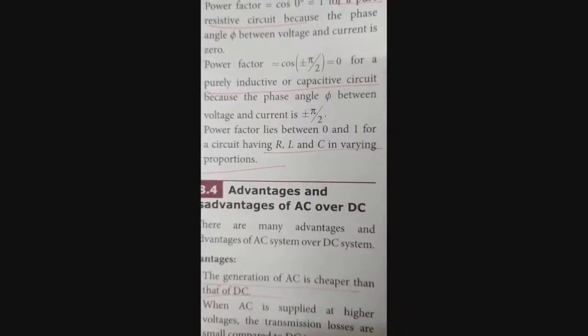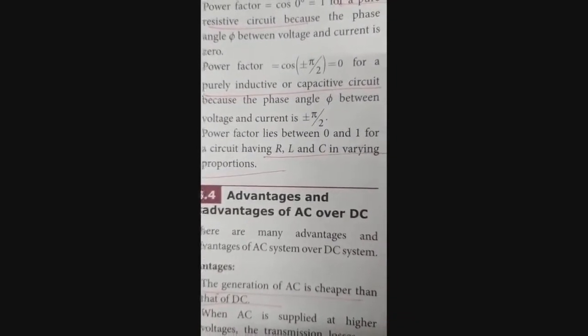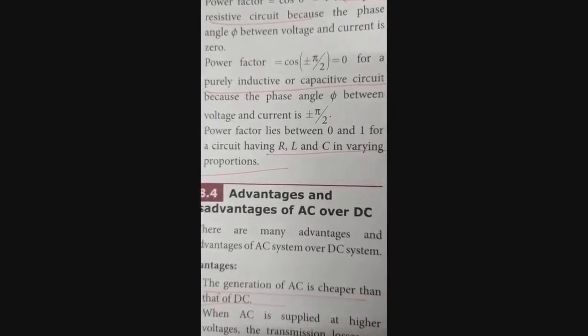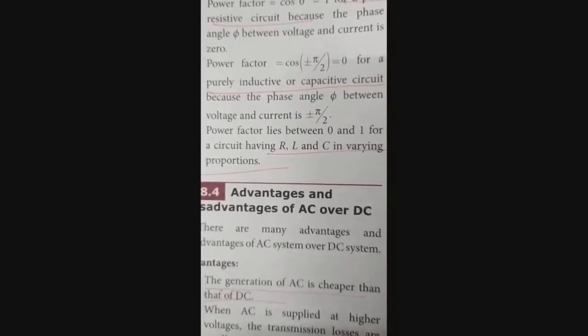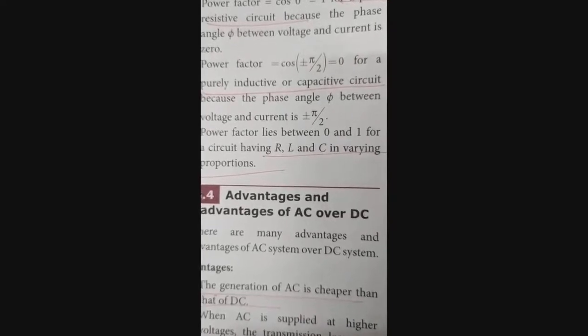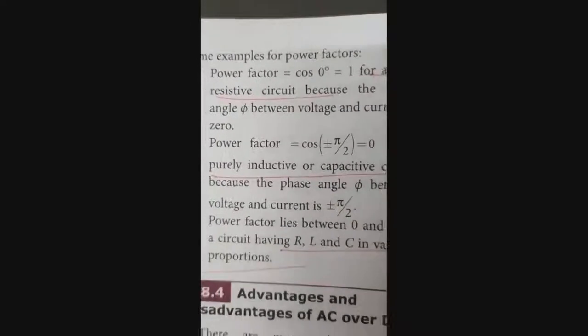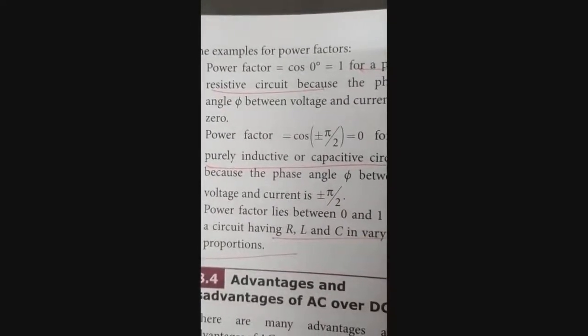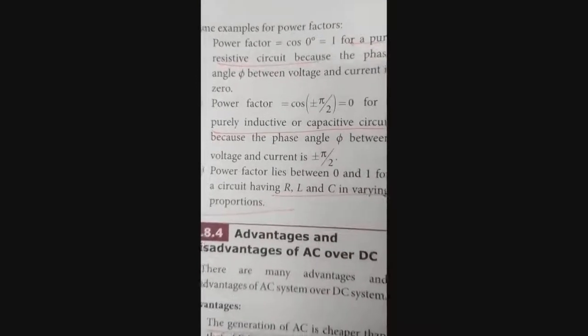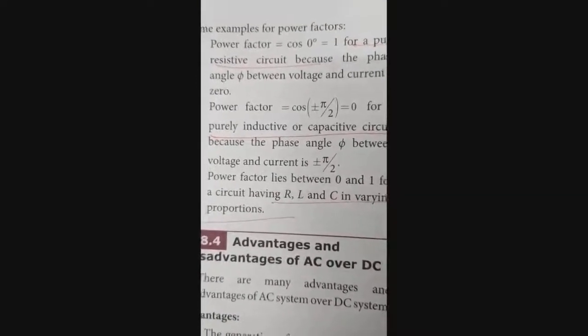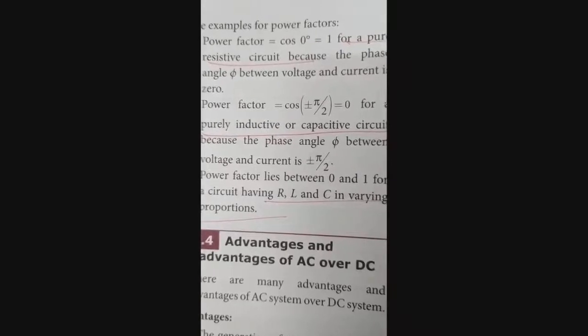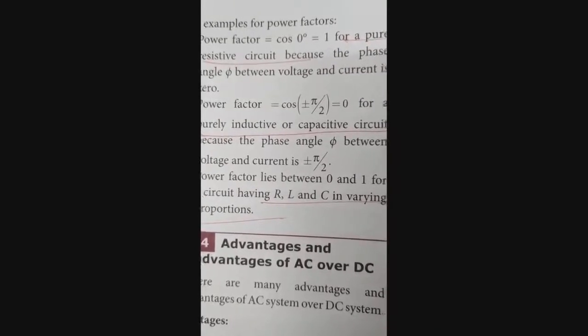And for other circuits, the power factor lies between 0 and 1 for a circuit having R, L and C in varying proportions. So three types of circuits are possible: resistive circuit, purely inductive or capacitive circuit, and RLC circuit. For these three circuits, the power factor may differ depending upon the angle.